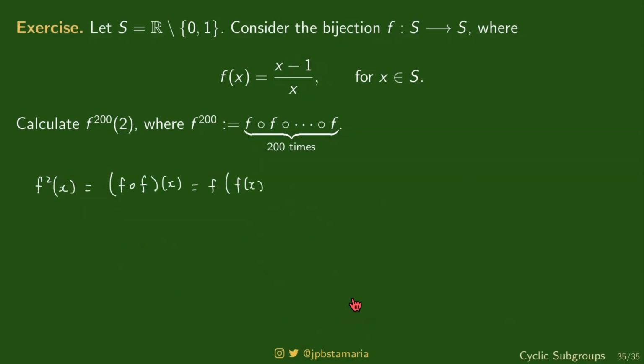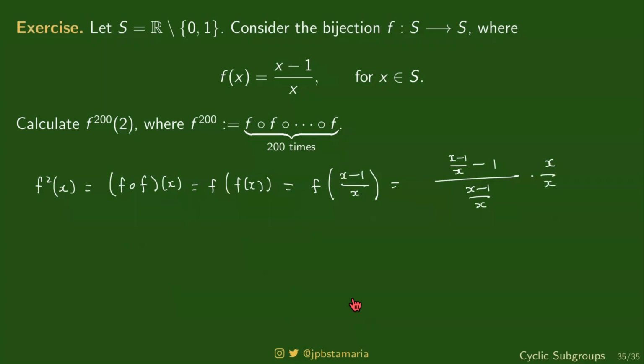Ano ba yung f of x? That's basically x minus 1 over x. And if you apply f on this once again, you get this whole thing minus 1 divided by that whole thing. And when you simplify, you can multiply an x on both of these.